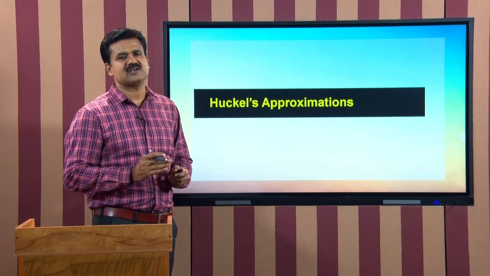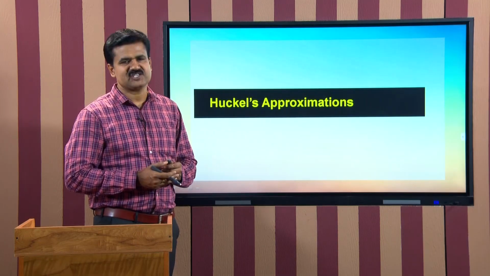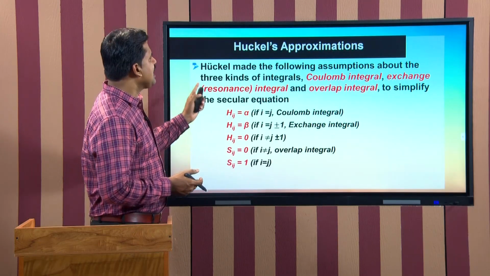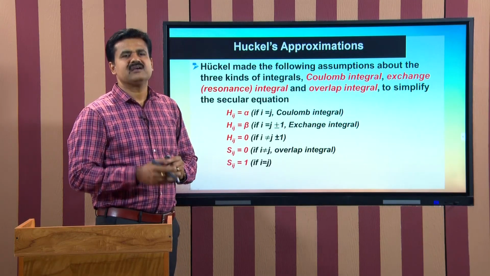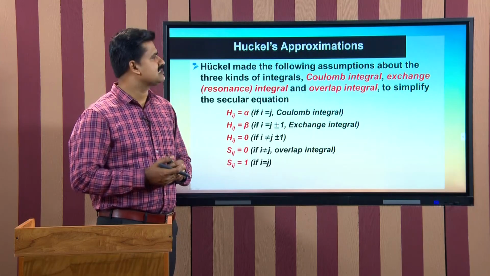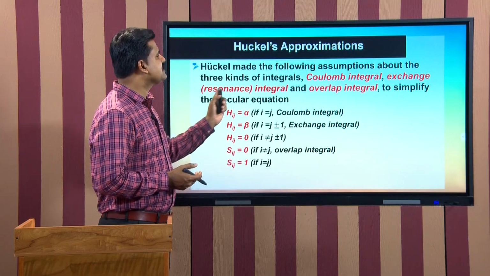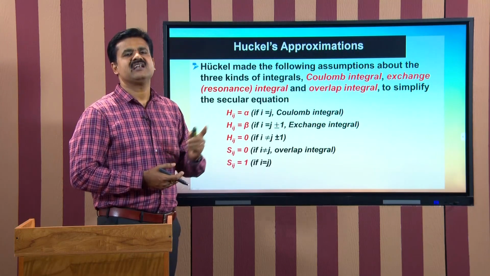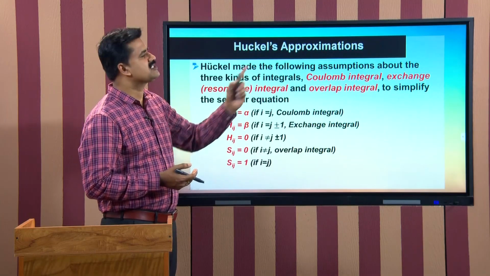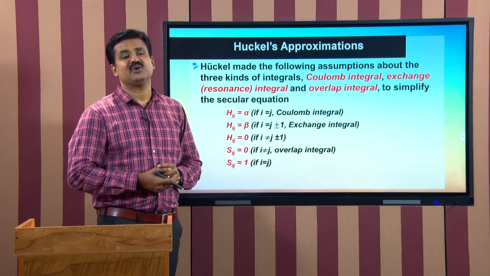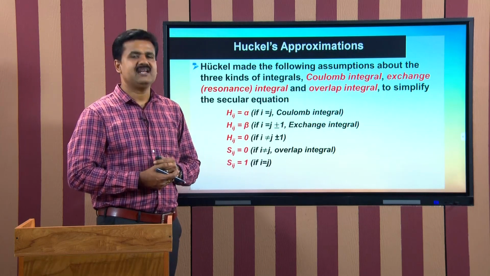Huckel made the following assumptions about three kinds of integrals: Coulomb integral, exchange or resonance integral, and overlap integral. We previously learned that the first two integrals are generally known as the Hamiltonian integral.